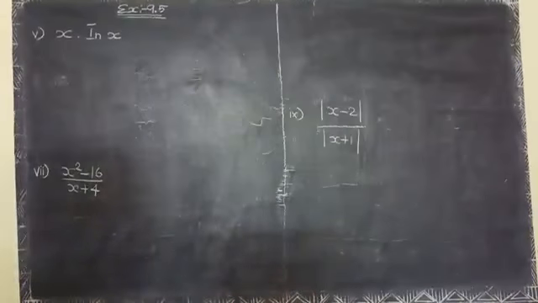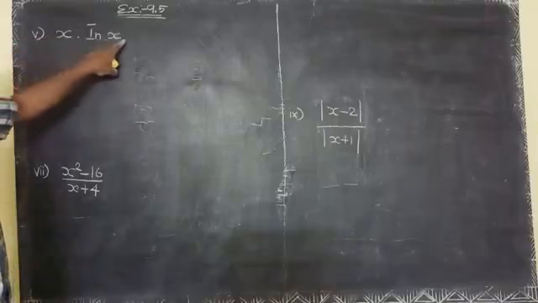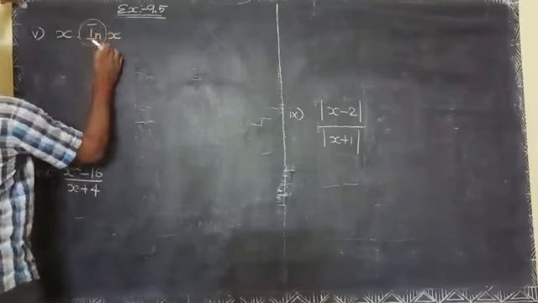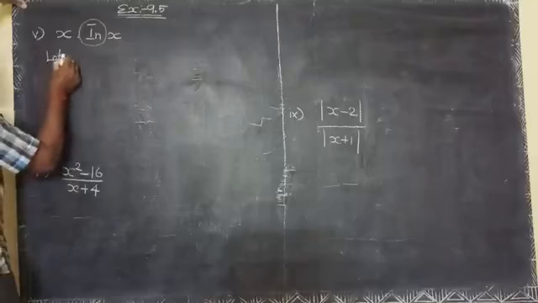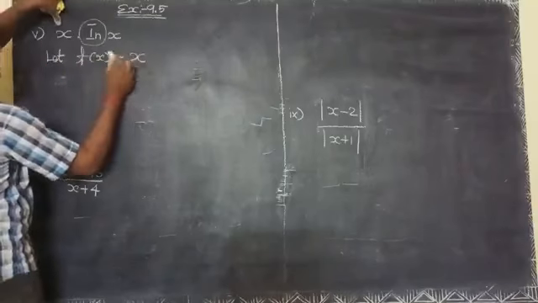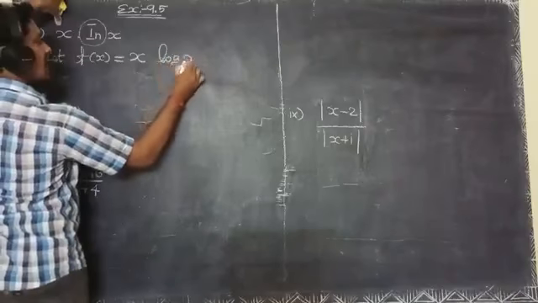Next, question number 2. Examine the continuity of the following function. Subdivision 5, x ln x, which means logarithmic x. Solution: let f of x equal x into ln x, where ln x means log x.